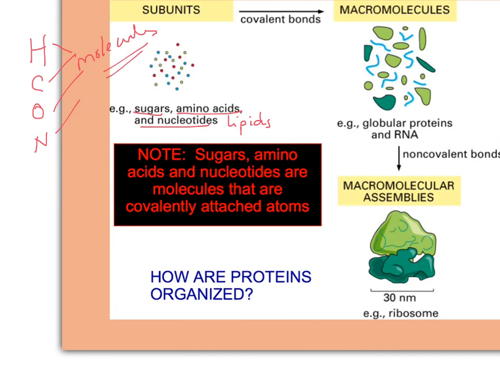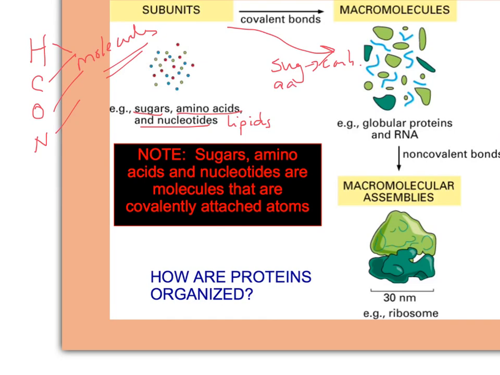Now, that's not the only thing that gets put together with covalent bonds. You can then have these amino acids, nucleotides, sugars be put together into something called macromolecules, and that can be done with covalent bonds and non-covalent bonds, and that creates, so from sugars, you get carbohydrates, carbs.